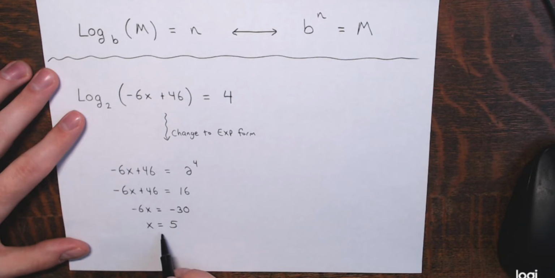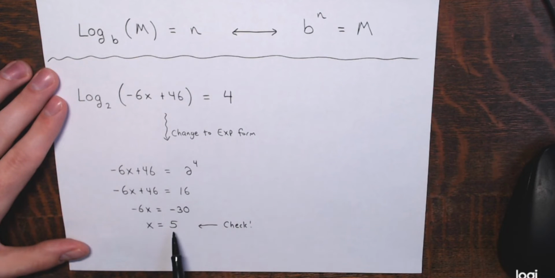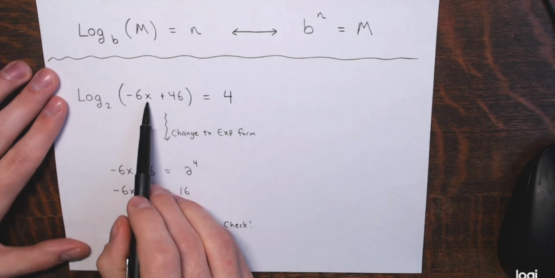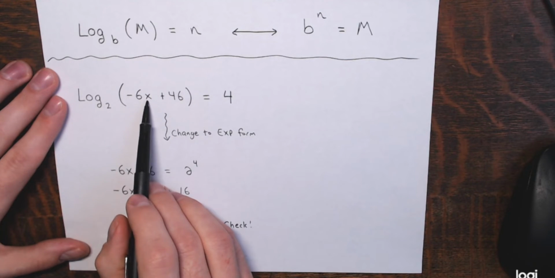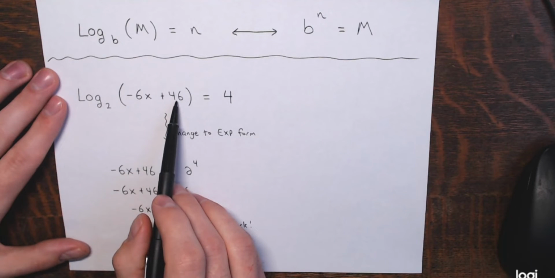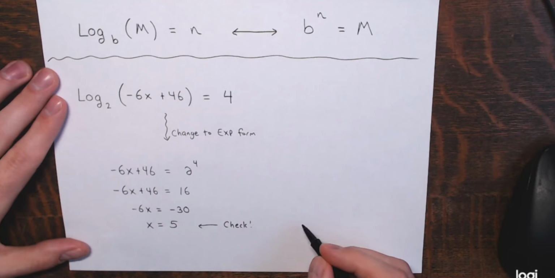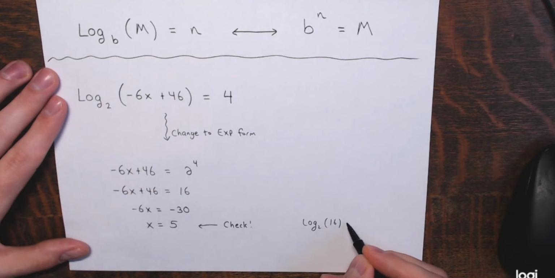And then, of course, as with all equations, right, you should be checking your solutions either with a calculator or by hand. If I were to replace x with 5, negative 6 times 5 is negative 30, plus 46 would be 16, and we'd get the statement the log base 2 of 16 equals 4, which is totally true, right?